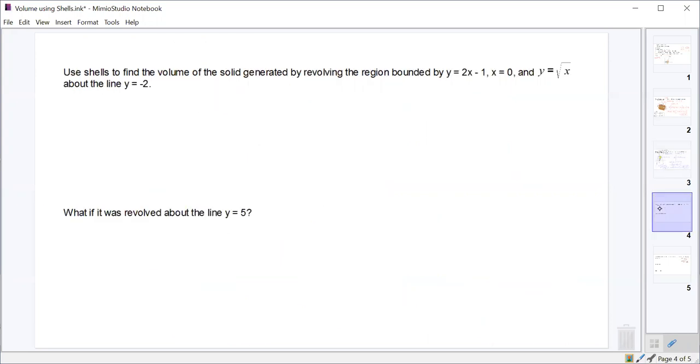All right. Let's take a look at these two. So we want to use shells to find the volume generated by revolving the region between 2x minus 1, x equals 0, and y equals root x around the line y equals -2.